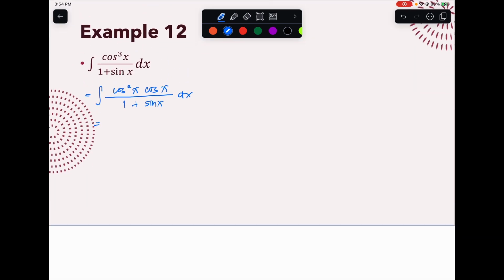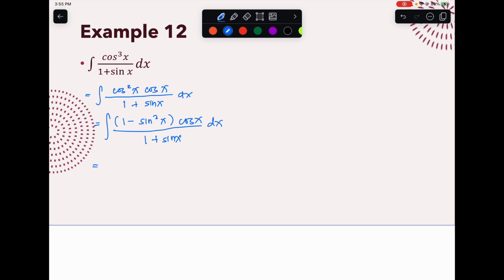And then we have the identity for cosine squared, which is 1 minus sine squared x, times cosine x, all over 1 plus sine x dx.